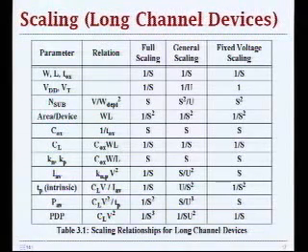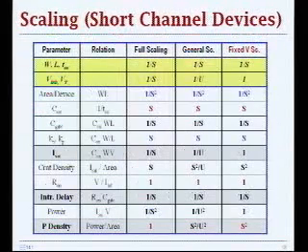Another factor is that if you keep scaling voltages to very low levels, you have two dominant effects: one is leakage power, and another is variations. And that's the reason why supply voltage hasn't been scaling at the same pace as our dimensions.